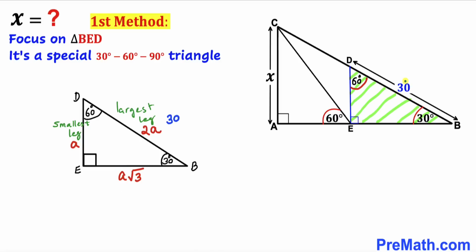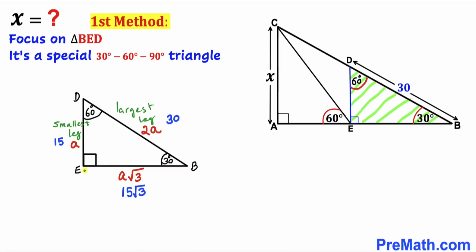We know this side length BD is 30 units. Now this 30 could be written as 2 times 15. So this A value is going to be 15. Therefore, the smallest leg is going to be 15, and the third leg is going to be 15 times square root of 3.